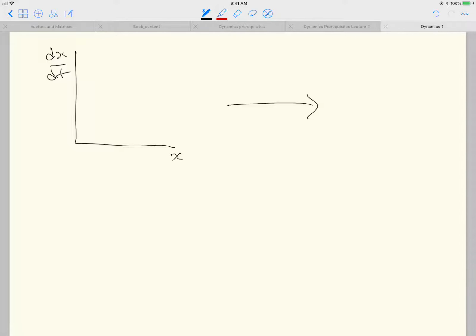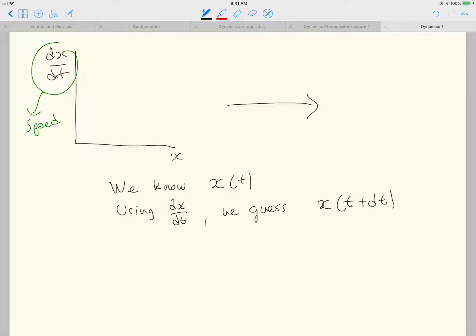And what I'm trying to emphasize by that is that we're going to make guesses in terms of time steps. At any given point in time, we're going to say, we know x at some point in time, and then using dx by dt, we're going to guess x at t plus dt, a little time step later. And we want dt to be reasonably small compared to the changes in dx by dt.